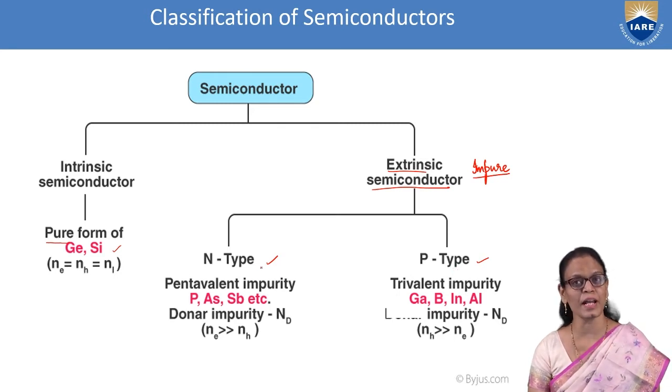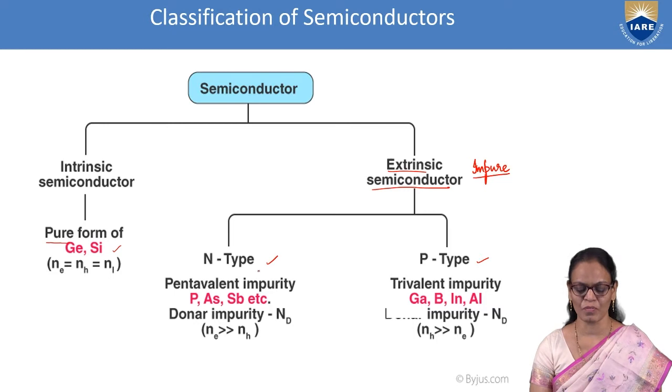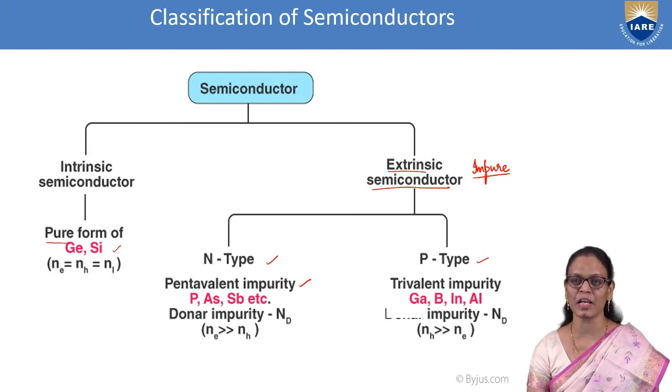So, how do we get an N-type semiconductor? We get N-type semiconductors by adding a pentavalent impurity. So, what is this pentavalent impurity? The name itself says penta means 5. Any impurity or atom which has 5 valence electrons, if we add it to a semiconductor, then it becomes N-type.